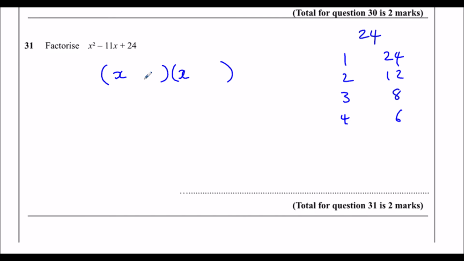How can we make a minus 11 out of these? It has to be the 3 and the 8. And to get a minus 11, it's minus 3 and minus 8. So if we expanded this back out, we should get x squared minus 11x plus 24.